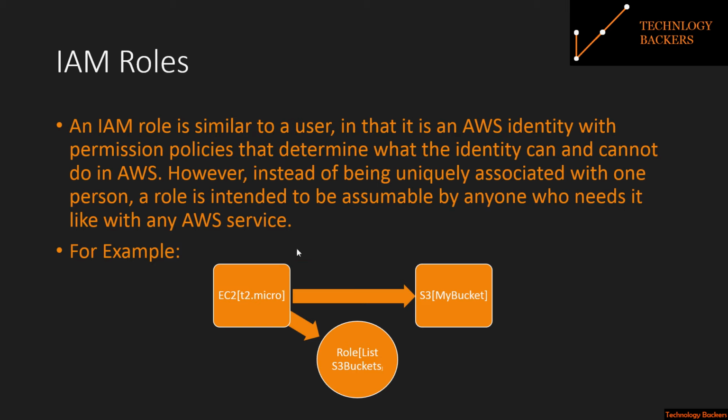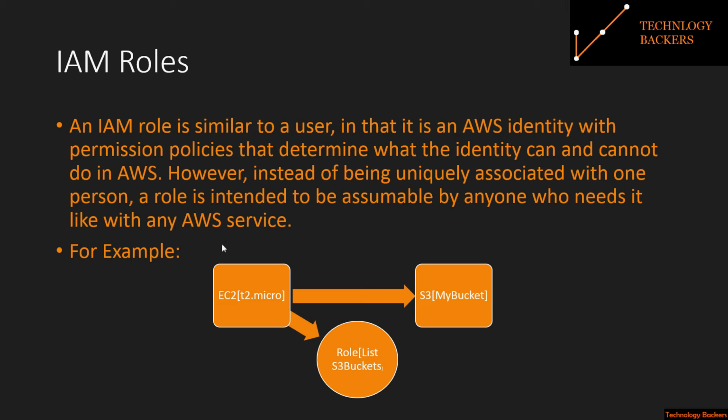Let's say there is an EC2 instance that wants to access an S3 bucket. So we will give a role, let's say a role named list S3 buckets, and we'll assign this role to the EC2 instance.